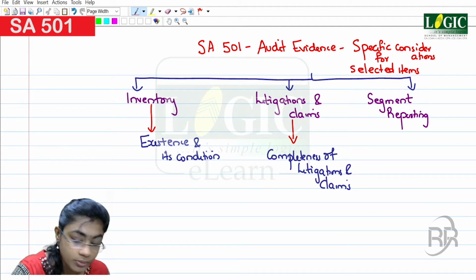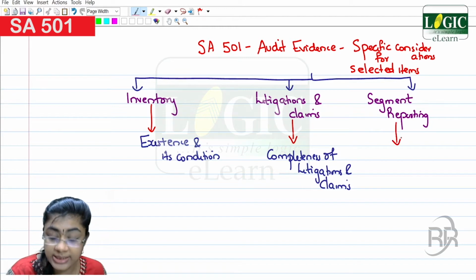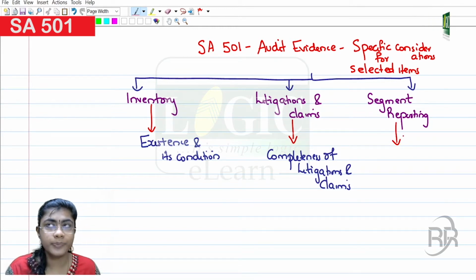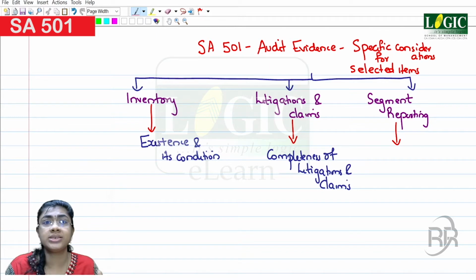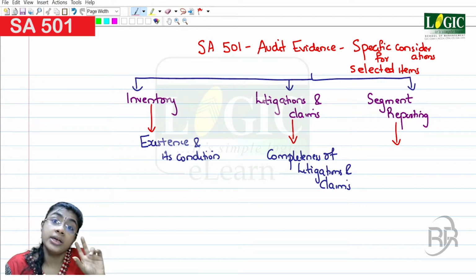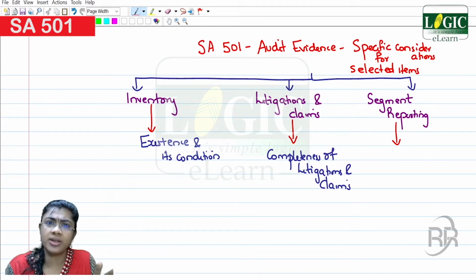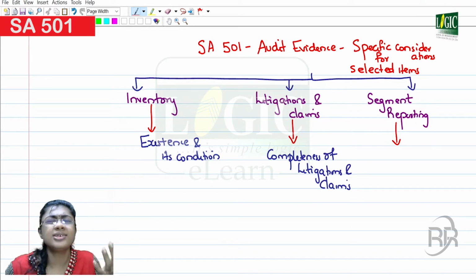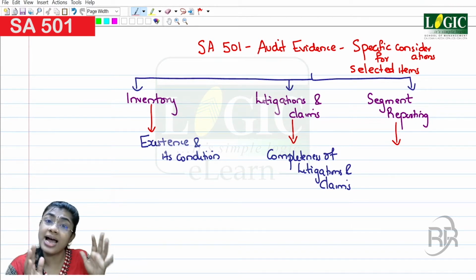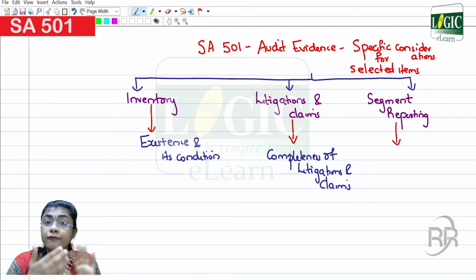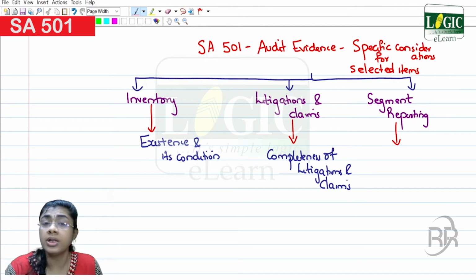Now, the next one is segment reporting. As per your accounting standards, Ind AS also, you have segment reporting, segment information to be presented. This presentation is as per the accounting standards. Generally, we can say it as per FRF, Financial Reporting Framework.